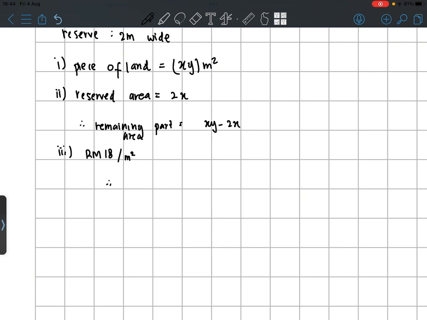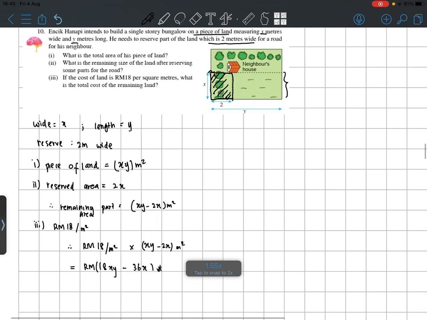We just multiply RM 18 per meter square with the xy minus 2x meter square. So it is 18xy minus 36x ringgit. So the unit is in ringgit. Alright, I guess that's it.